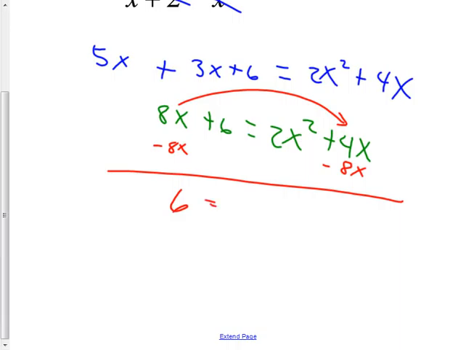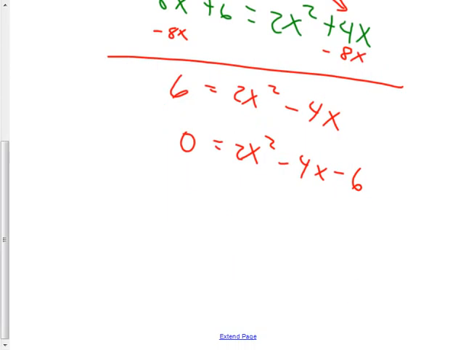And I'll have 6 equals 2x squared minus 4x. Now I'll have 6 over there, and I'll have 0 equals 2x squared minus 4x minus 6. How do you solve quadratics? Factor it. What else? Calculator and graph it. What else? Quadratic formula. Good. Okay, so I'm going to factor this one. Oh, 2 comes out first, by the way. That'll make it way easier. You should finish it. Tell me what the answers are.